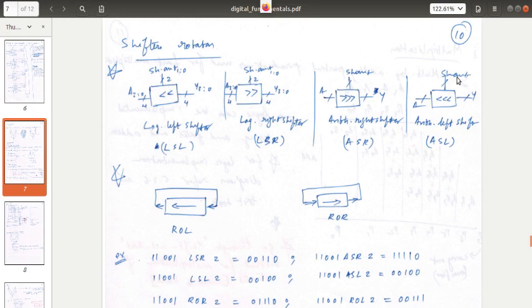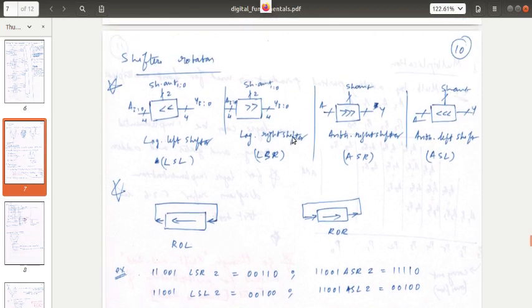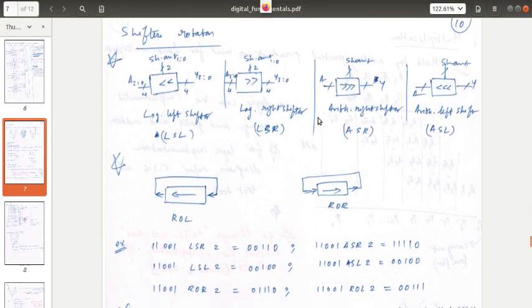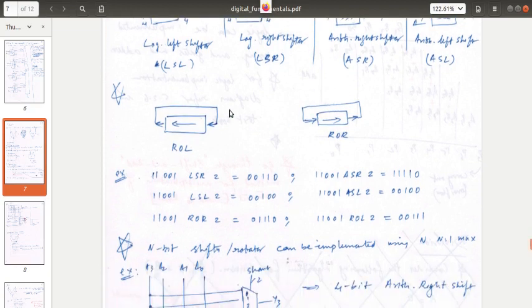This applies for all. The next thing, this is shifters: logical shifters, arithmetic shifters, left shifters, right shifters. Then this is rotate, rotate left and rotate right.